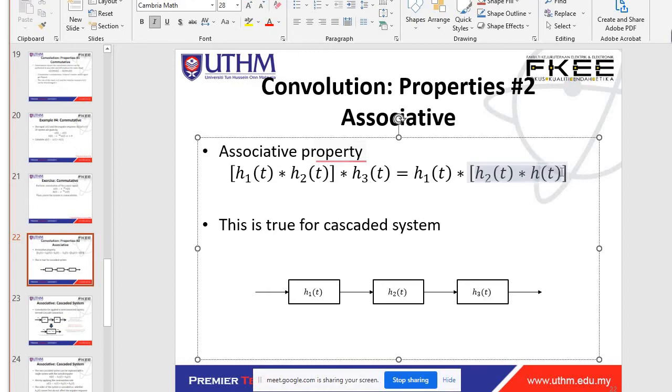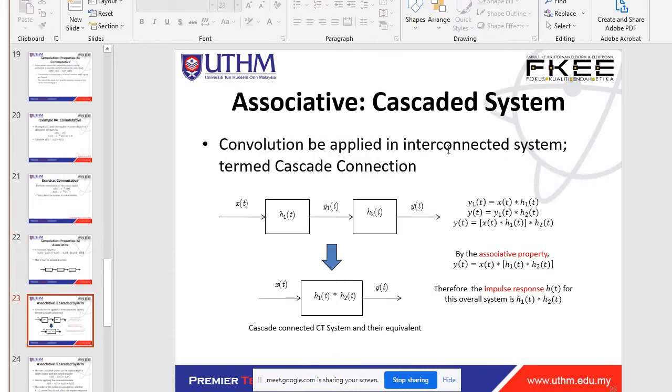Okay, so this is true for a cascaded system. So h1, then pass through h2, then pass through h3. So convolution can be applied in an interconnected system. It's called cascaded connection.